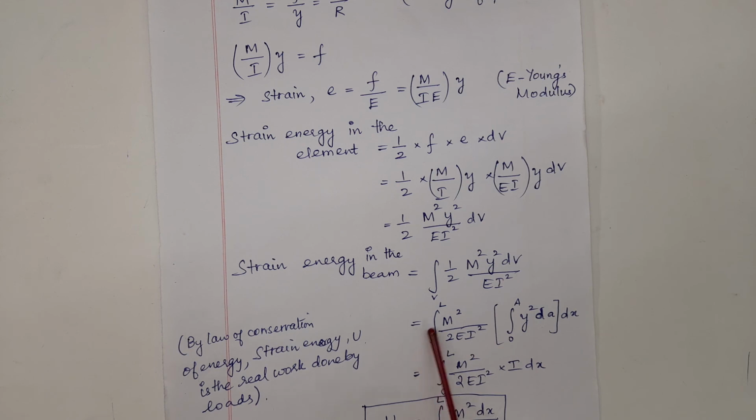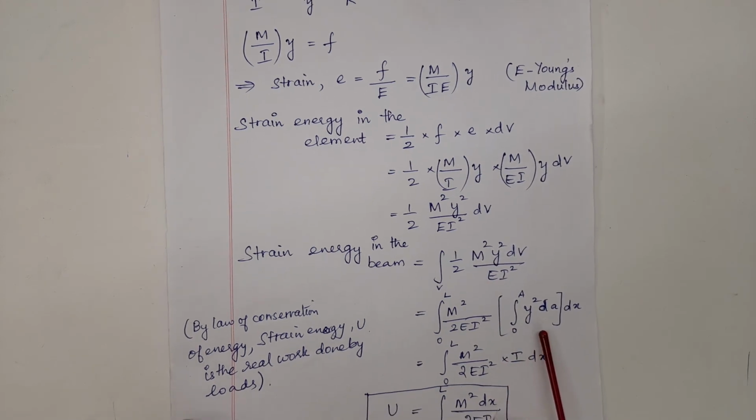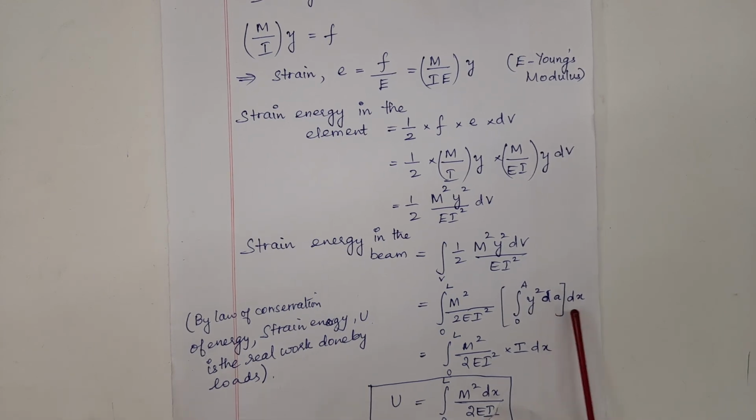And I can divide this integral of V, volumetric integral, as length integral into area integral. So in length integral, I take all the constant terms M squared by 2 EI squared and take the variant y squared inside the area integral. Integral 0 to A y squared dA into dx. So I have written dA into dx because dV is nothing but dA into dx.